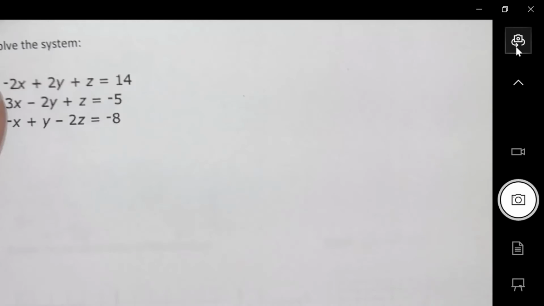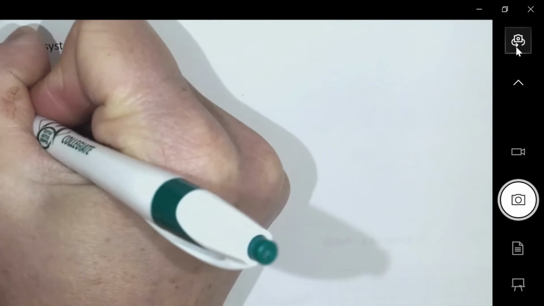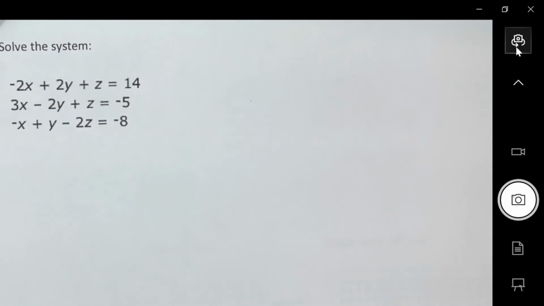Okay, last one. 1, 2, 3 equations we're going to solve for. Okay, somebody needs to pick a variable to get rid of. I don't think it matters. There's maybe not one that's particularly easier than the other one. The x's, the y's, or the z's.